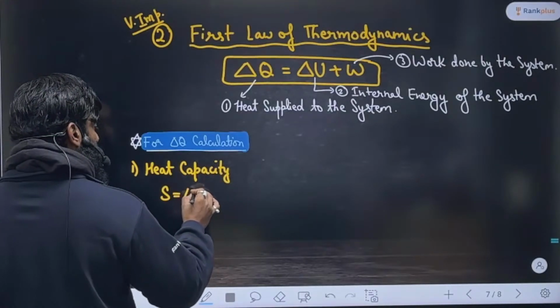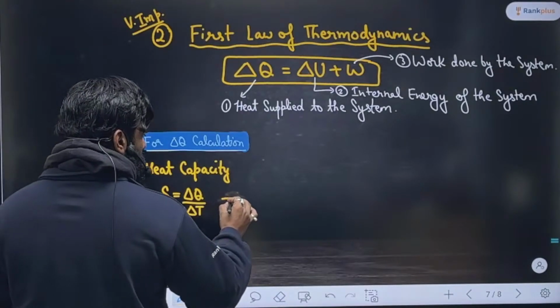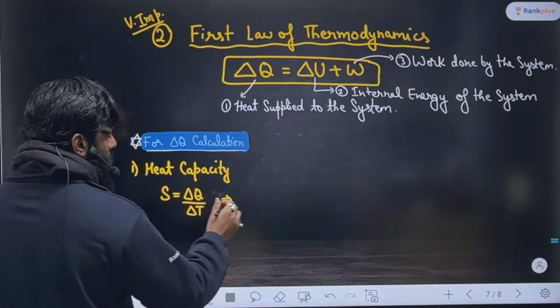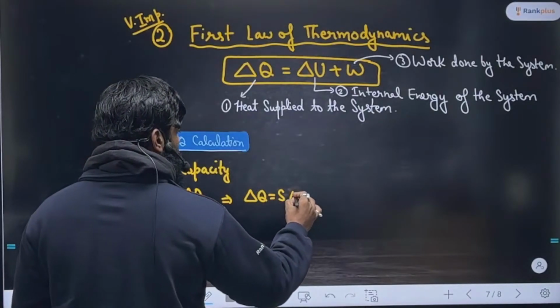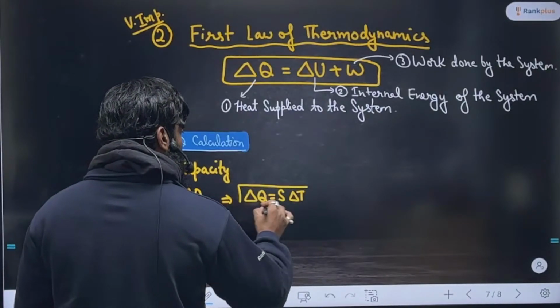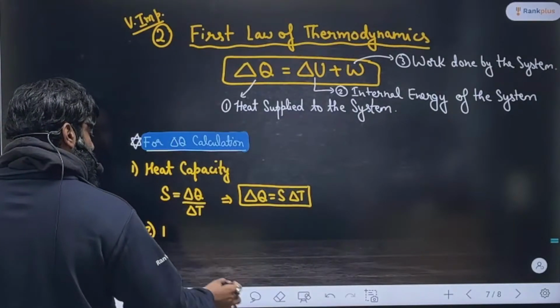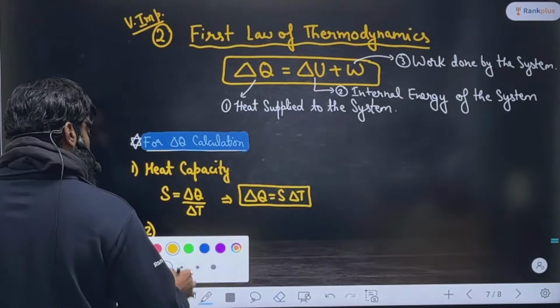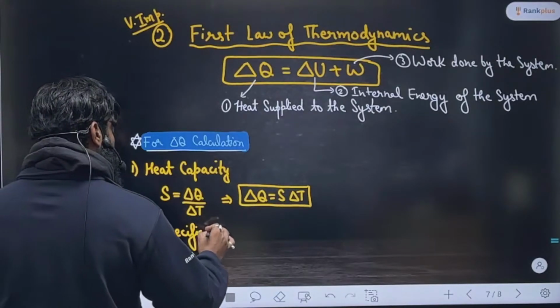S is equal to delta Q divided by delta T. Heat capacity is equal to delta Q by delta T. You can write that delta Q is equal to S delta T. That is your first case. Similarly, second, specific heat capacity.